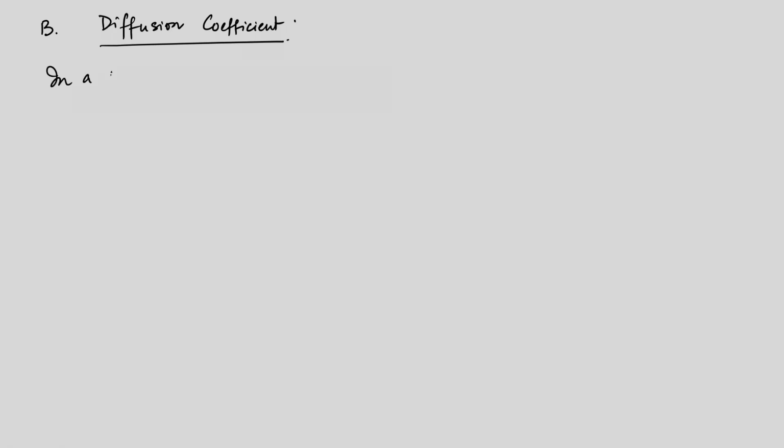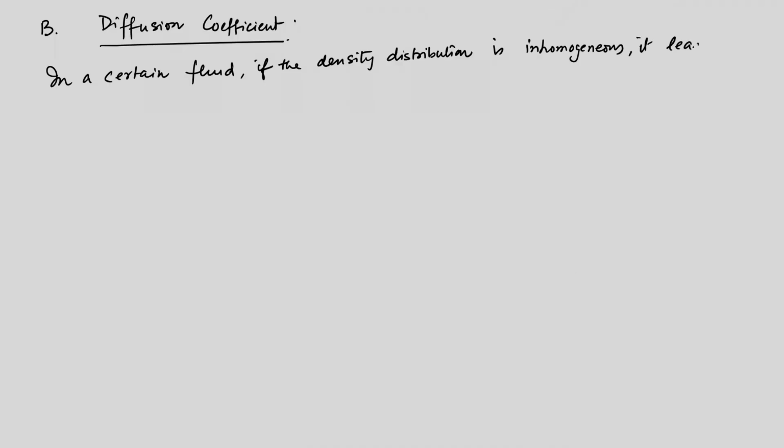In a certain fluid, and the fluid can actually mean gas also, if the density distribution is inhomogeneous, which means, for example, there is a formation of a lump of particles where the density is much more than at other places, it leads to diffusion of particles.